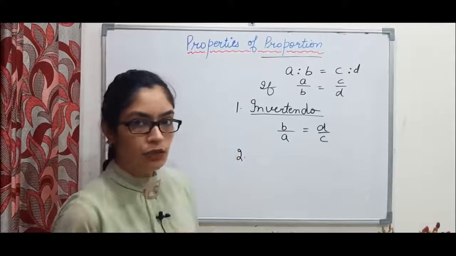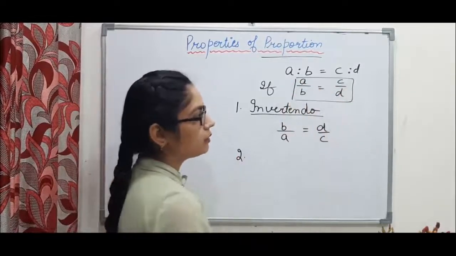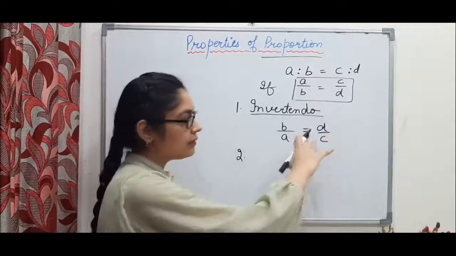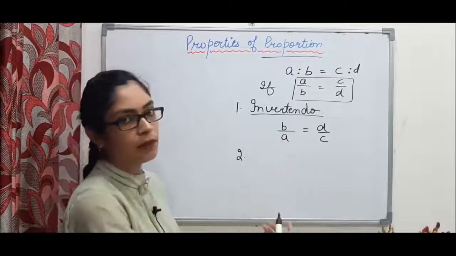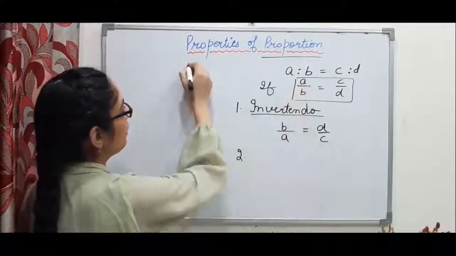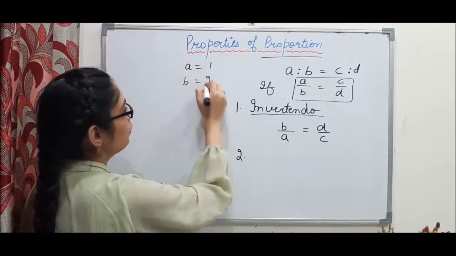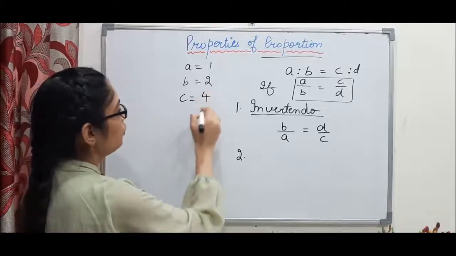See, in each of these properties, this thing is given to us. Only if this is there, then this result we can use. This is the proved result. I can also take an example. I'll take A as 1, B as 2, C as 4, and D as 8.